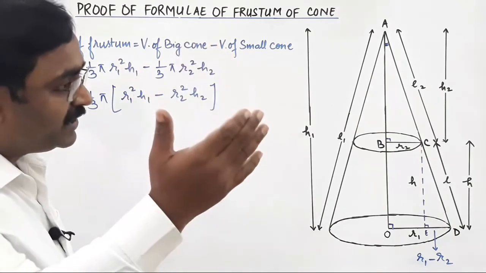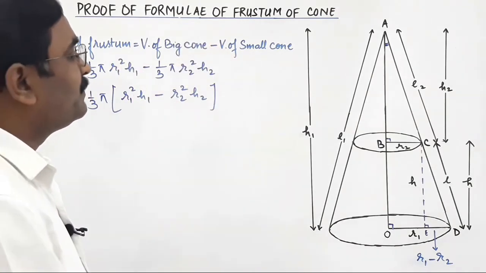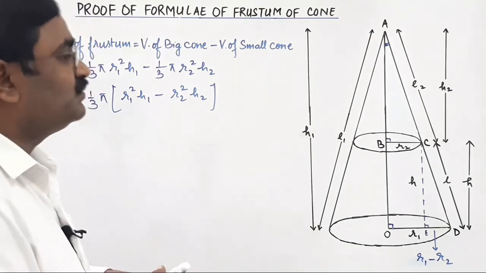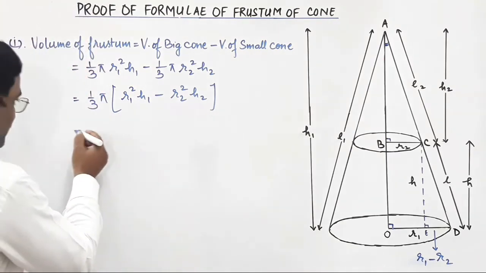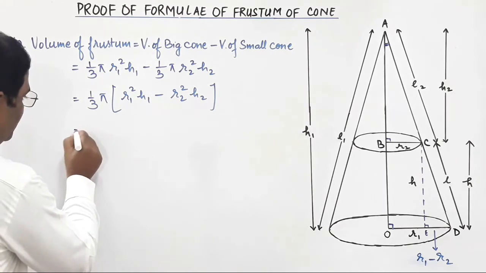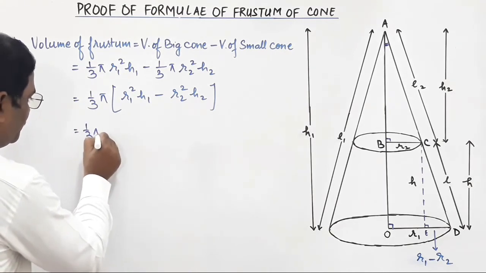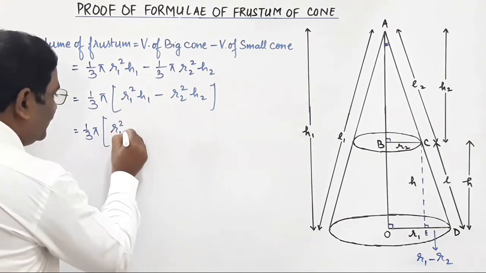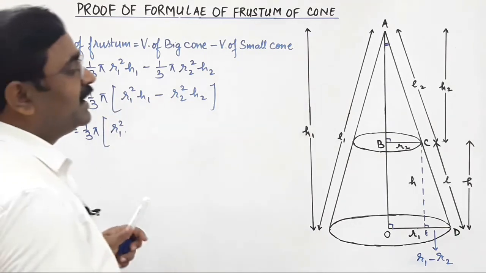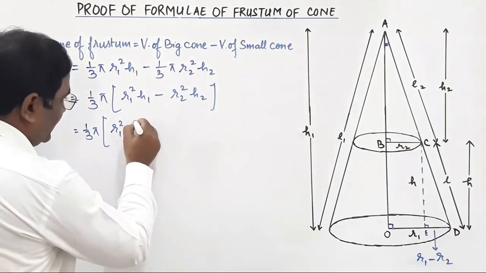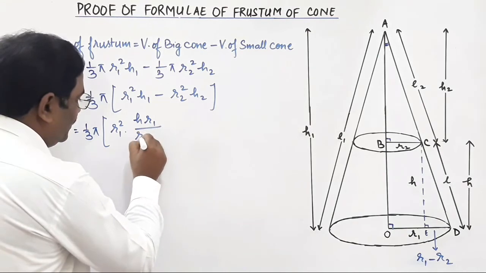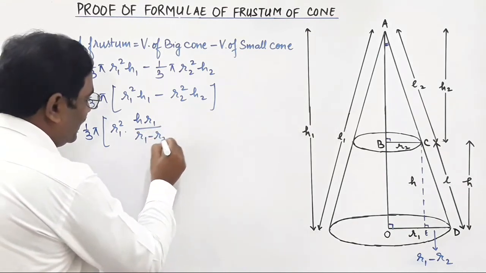Just recall, what was the value of H1? This is from the third equation: 1/3 pi R1 square into H1 is equal to H R1 upon R1 minus R2.